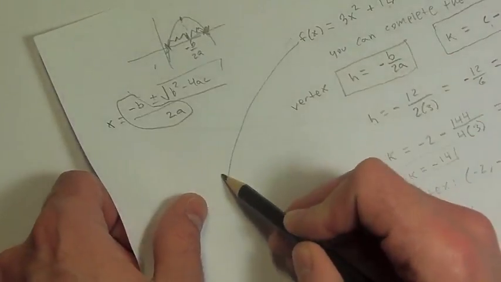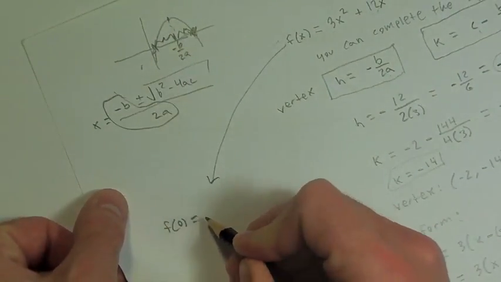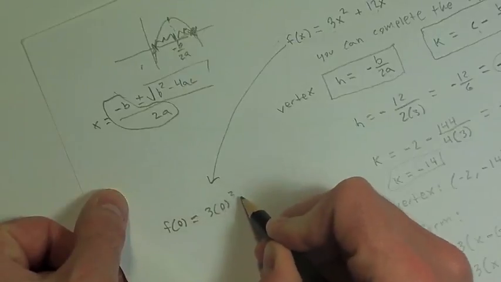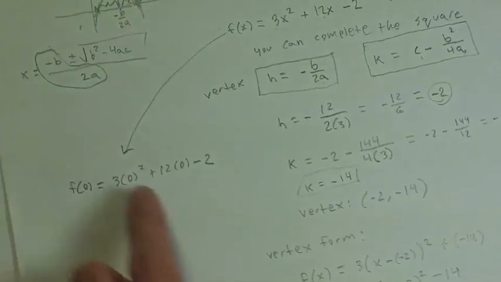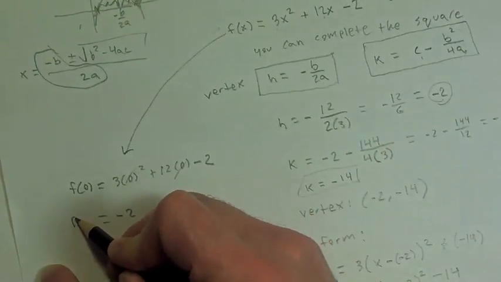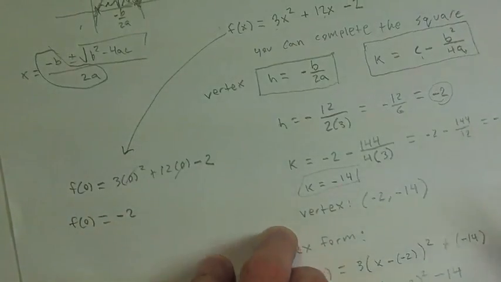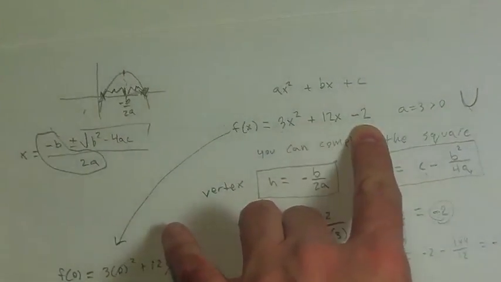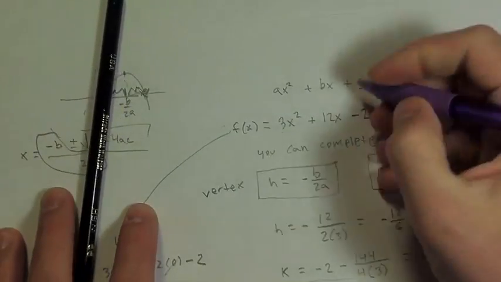If I plug in 0, it's going to be 3 times 0 squared plus 12 times 0 minus 2, and all this stuff goes away and we get f of 0 equals negative 2. So the nice thing about standard form is that c is the y-intercept.